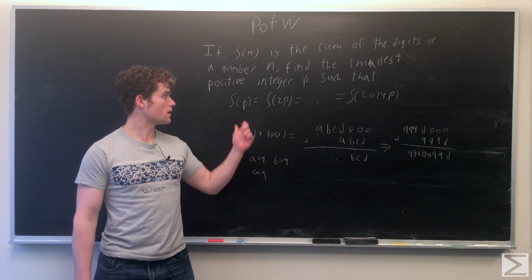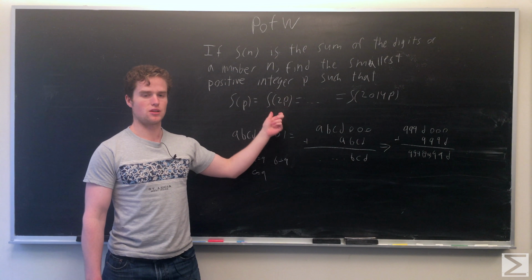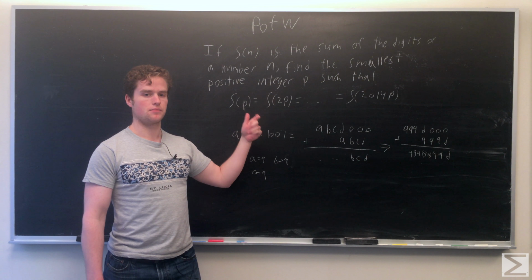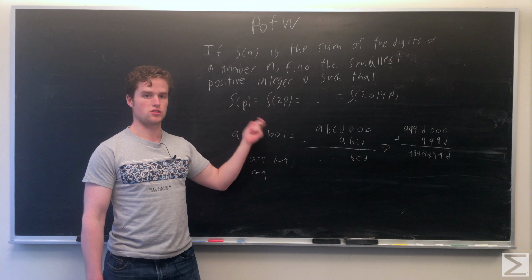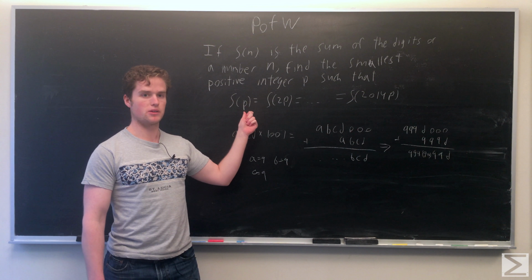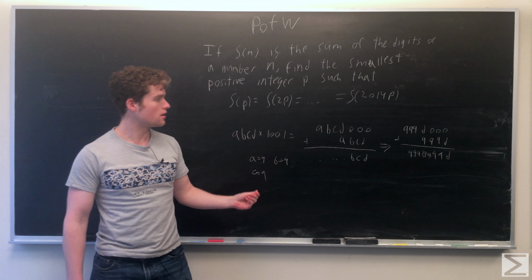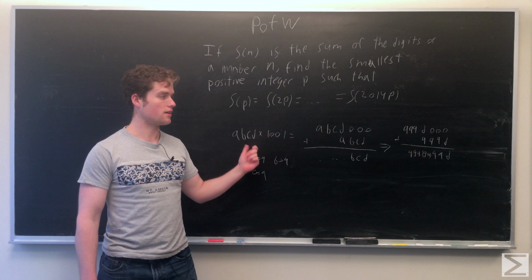So 9 plus d must be greater than or equal to 10. But note, because the sum of p equals the sum of 9p, and the sum is congruent to the integer itself, mod 9, p must be congruent to 0, mod 9. And so this ABCD must actually be divisible by 9.